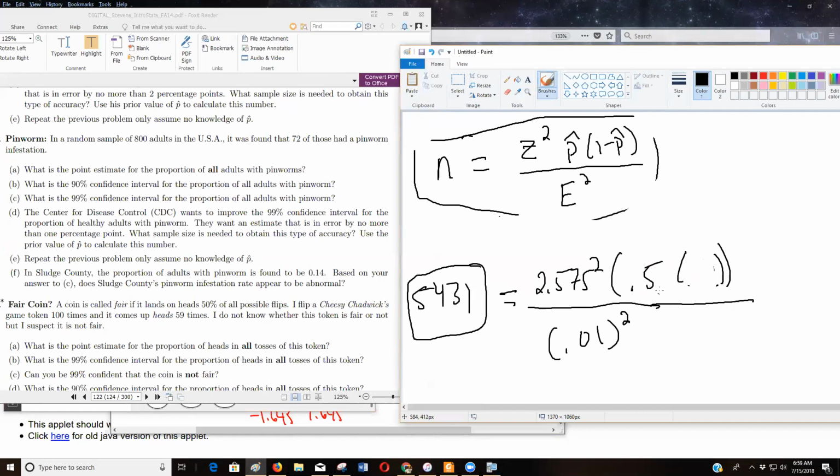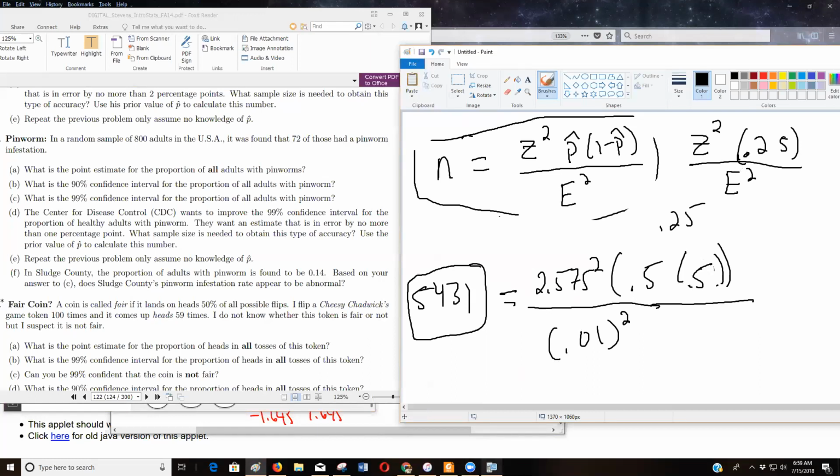We don't know that. And then 1 minus 0.5 is also 0.5. And when you multiply those, you get 0.25. That's why Dr. Stevens gives this as an alternate formula when you don't know anything about p hat. He'll use z squared times 0.25 over e squared. Same formula, just using that for an estimate.